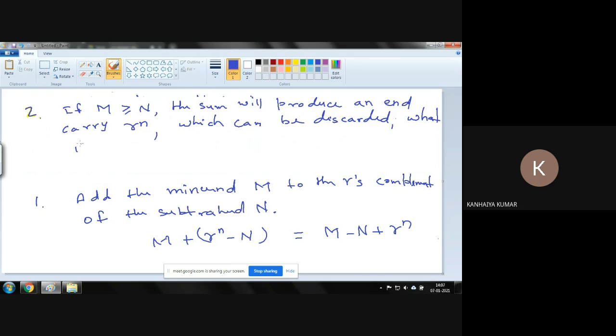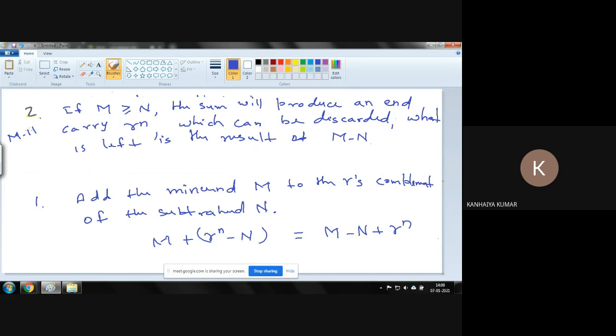So what is left is the result, sorry, the result m minus n. Now it is telling you that if the minuend, which is the m, the left side of m minus n, so it was m minus n actually firstly.